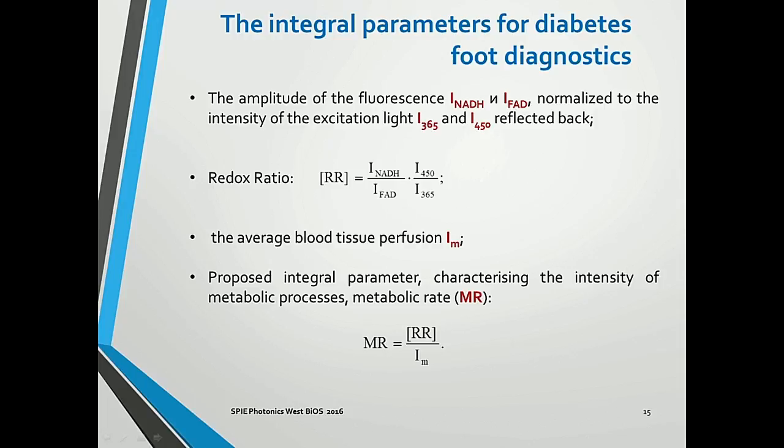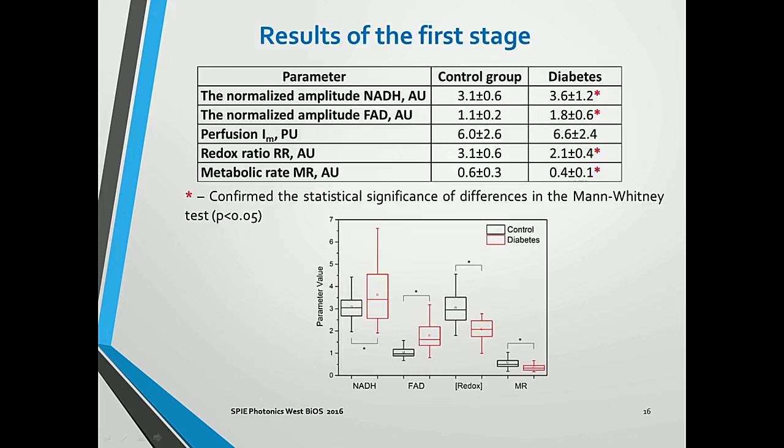Why is it interesting for the diabetic patient, especially with developed diabetes? Because of the shift in the metabolic rate, it differs between normal and diabetes patients. We used the metabolic rate, which is calculated when we normalize the redox ratio to the level of blood perfusion, which, believe me, makes sense.